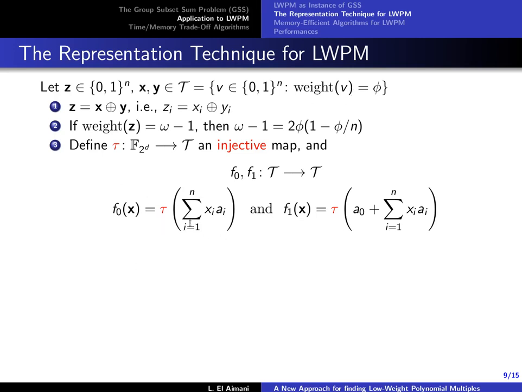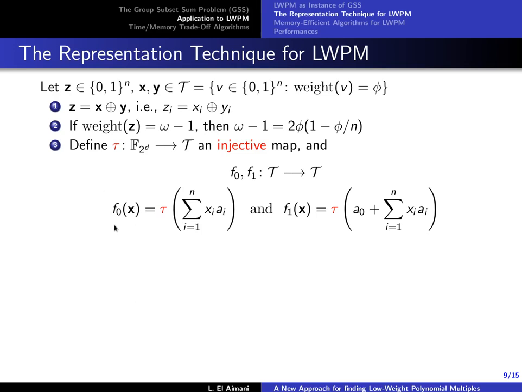Well, remember that the a_i here are the residues x to the i mod p, and therefore any sum of these residues is in F2 to the d. And since f0 and f1 are functions from T to itself, we need something that brings us from F2 to the d to the set T. And this is ensured by the map tau.